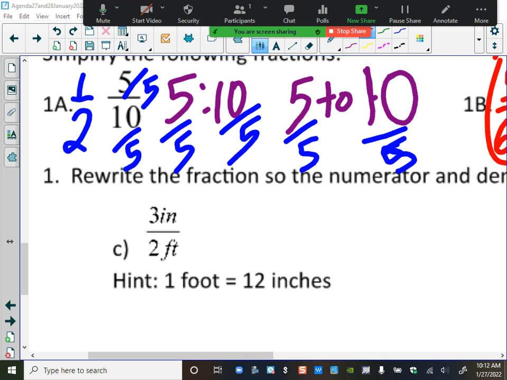Do they necessarily measure the same thing? Like, no. However, what do we know about feet in relationship to inches? 12 inches equals a foot. 1 foot is 12 inches. So, is there a way where we can rewrite this ratio where the units are the same?